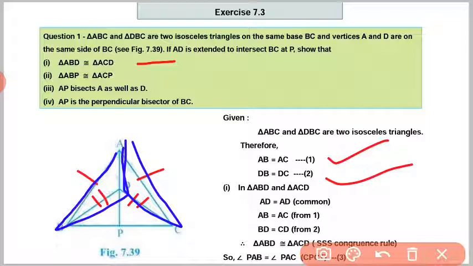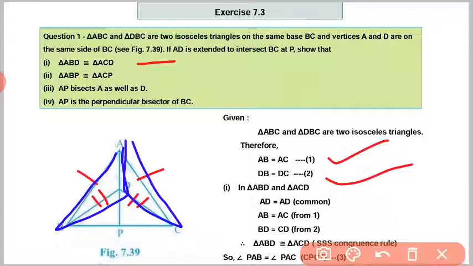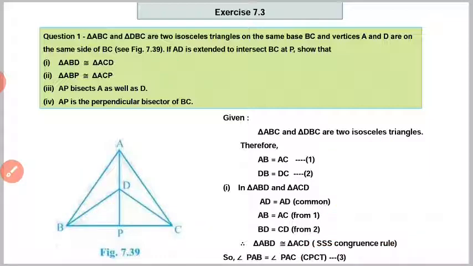Here we see that AD is common to both, and AB is equal to AC and BD is equal to CD. So by the SSS congruence condition, these two triangles are congruent. We have three sides equal, so these two triangles are congruent.